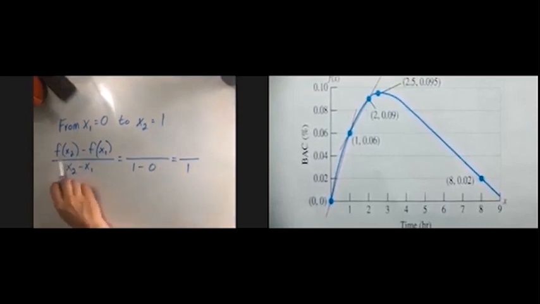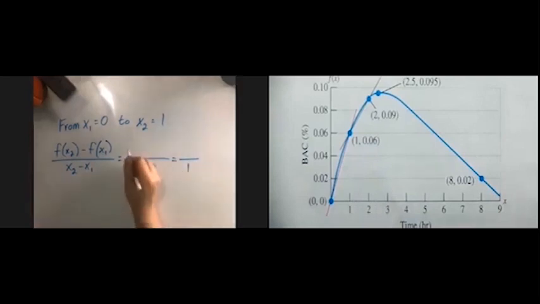Now on the top, we would want the function outputs, the y values for each of these x's. So x2 was 1. And we can see right there, we have the point 1, 0.06. So when x is 1, the y value is 0.06.